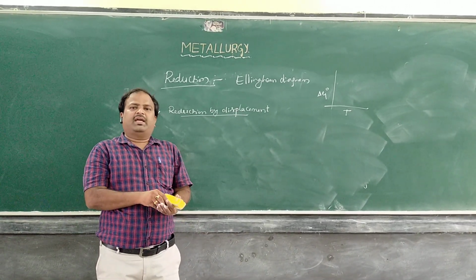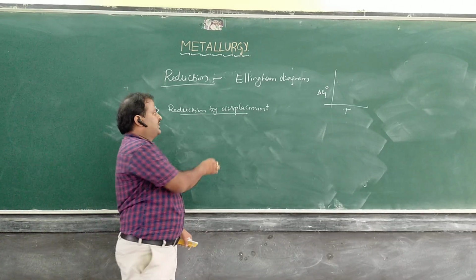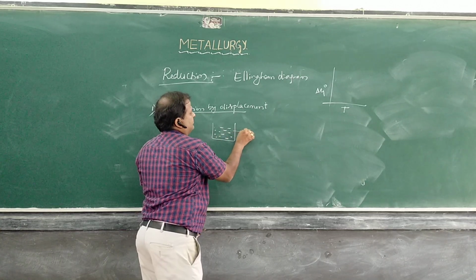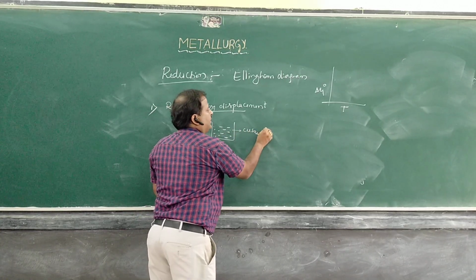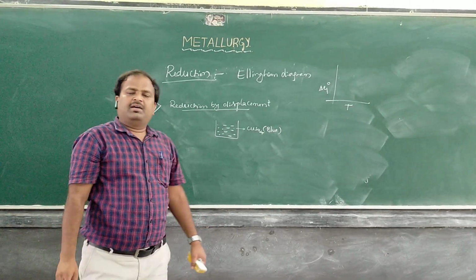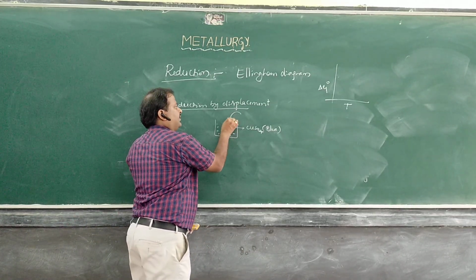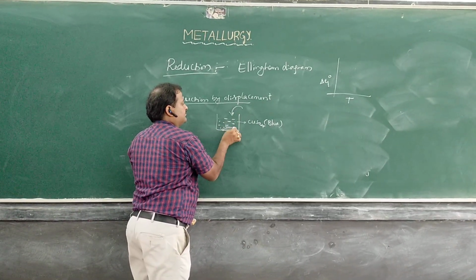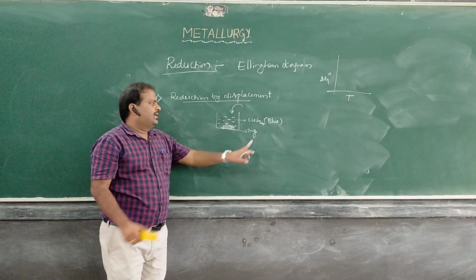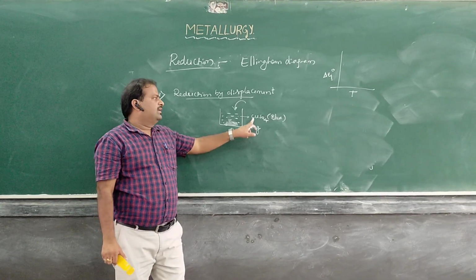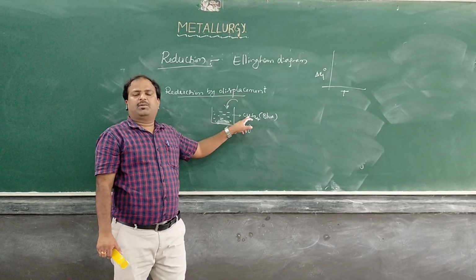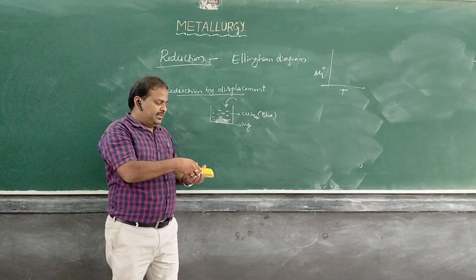For example, take a blue colored copper sulfate solution in a beaker and add magnesium powder. Here magnesium is more reactive than copper. Therefore, magnesium can displace copper from copper sulfate to form magnesium sulfate.